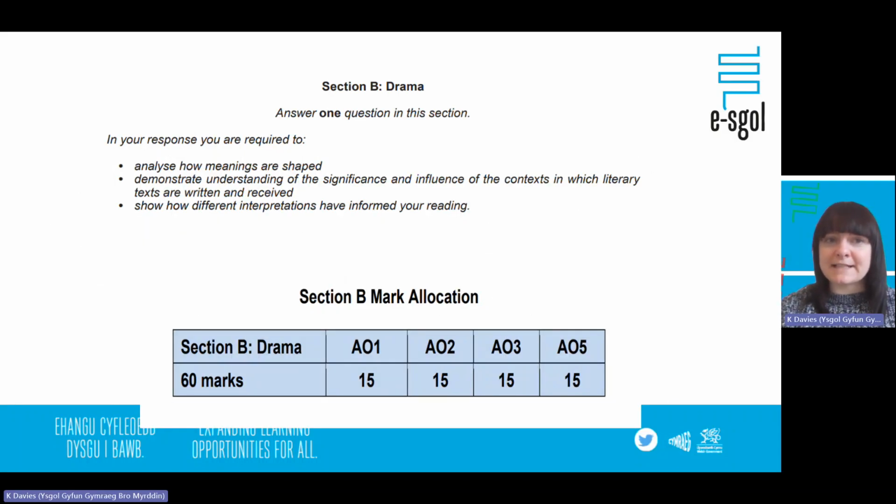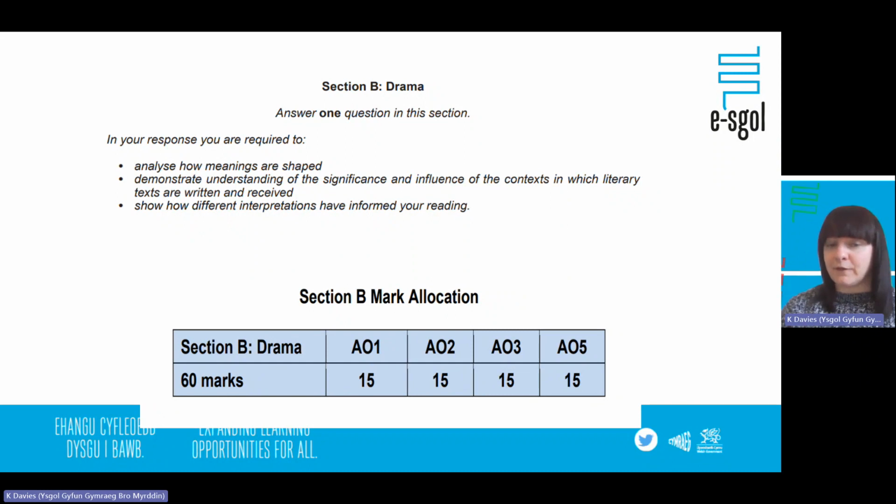So differently again to Section A, the allocation of marks are quite different, and it's really important that you are aware and that you appreciate how many marks are allocated to which assessment objective, because it varies from section to section. So if you're in your head thinking of Section A, the essay, for example, the prose essay, there's only 5 marks awarded for AO1 and 5 marks awarded for AO2 there.